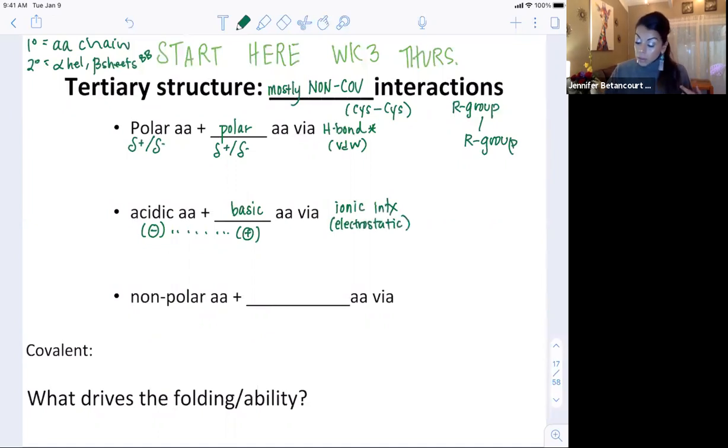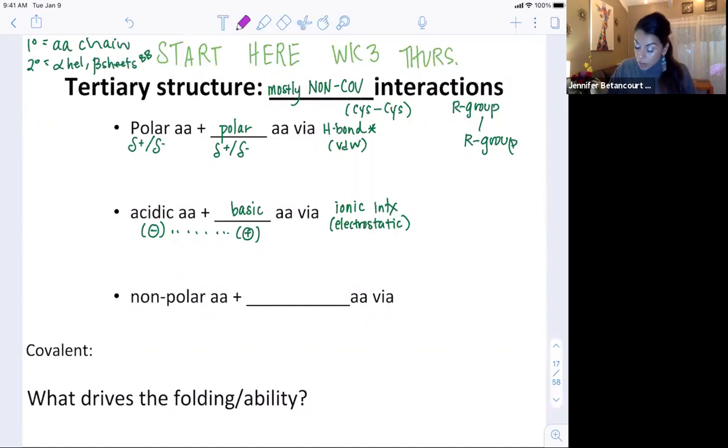Just to put it into perspective, this is talking about how the amino acid chain folds and interacts with itself, so we're talking about intermolecular interactions. But proteins can also interact with other molecules floating around in the cell. If you have a protein with a negatively charged side chain, that amino acid can interact with other molecules that are positively charged.